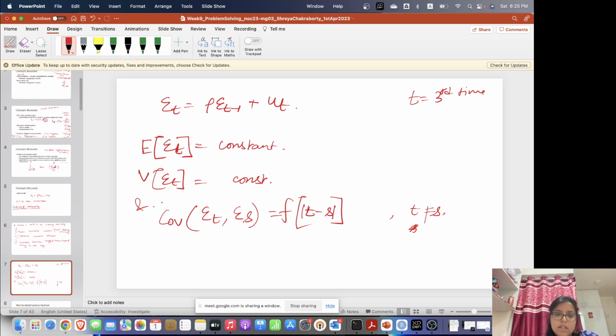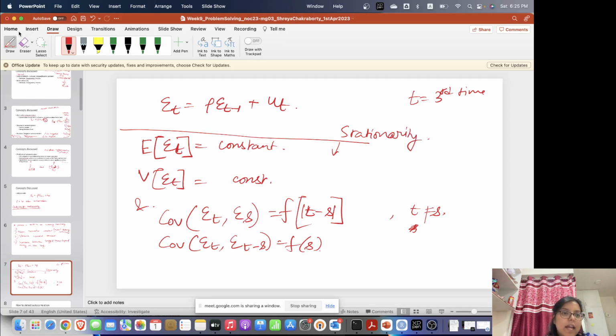In other words, the covariance of epsilon t and epsilon t minus s should be some function of s. So these are the conditions for stationarity.